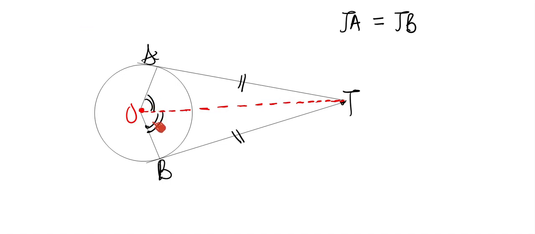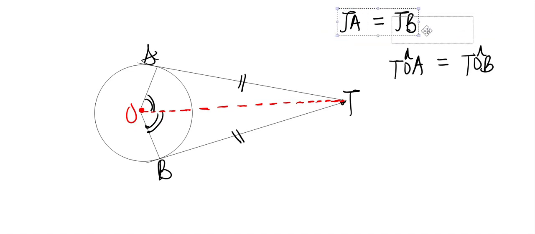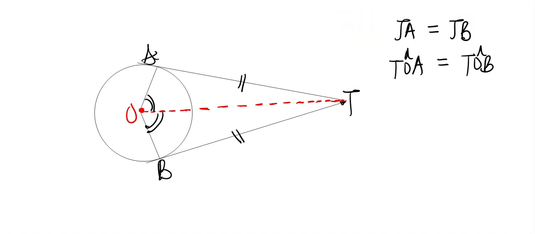So we can say angle TOA is equal to angle TOB. The two tangents are equal in length, one, and they also subtend equal angles at the center of the circle. That's what the theorem talks about. But don't forget that OA is a radius. So we can say OA is equal to OB, the distance from the center of the circle to any point on the circumference. So that's radii.